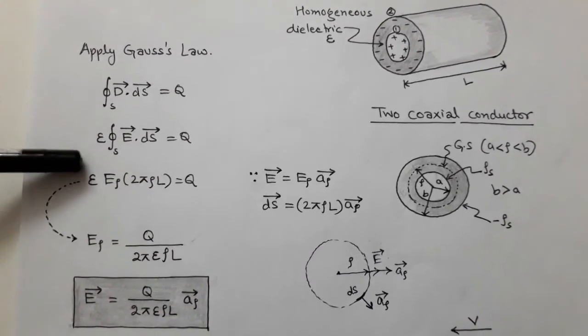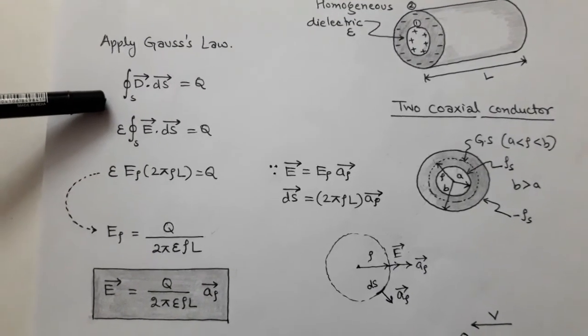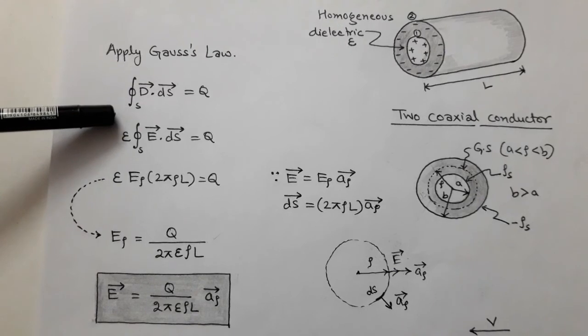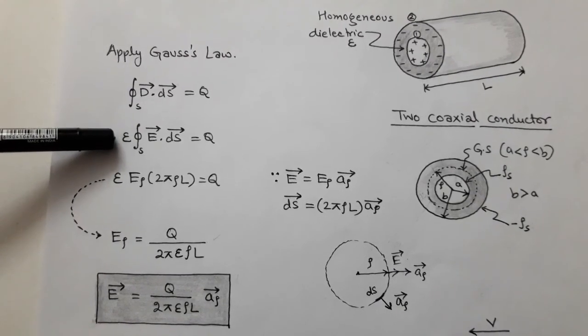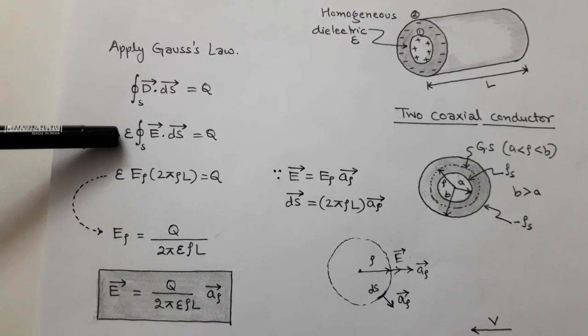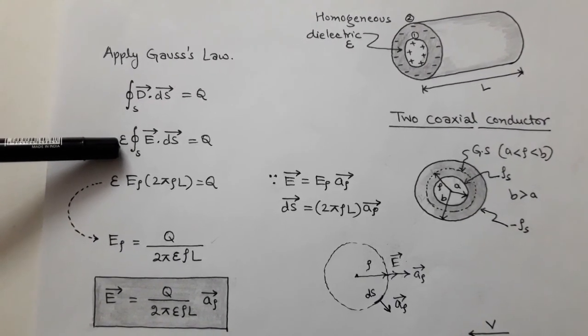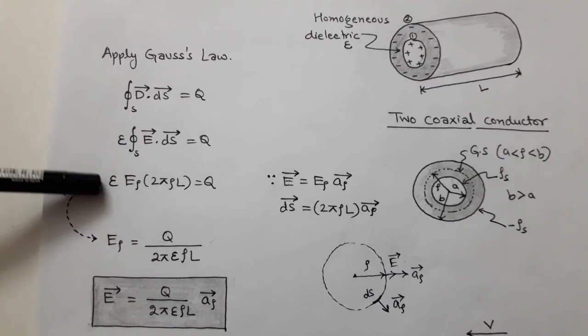According to Gauss's law, the closed surface integration of D dot dS equals the charge enclosed. So in place of D we can write epsilon E. Here epsilon is used because a homogeneous dielectric material is inserted in between these two coaxial conductors.